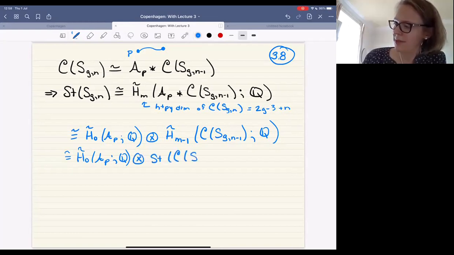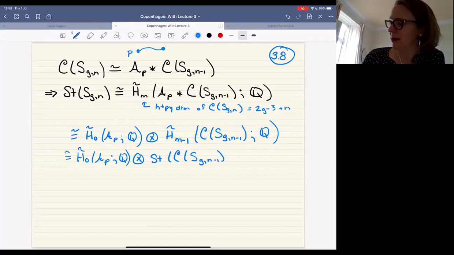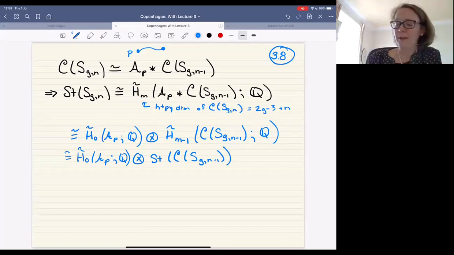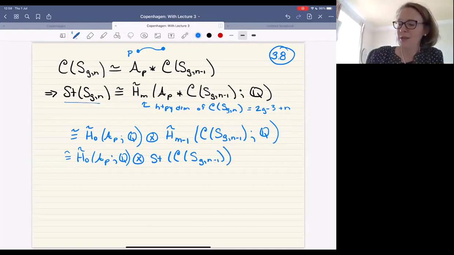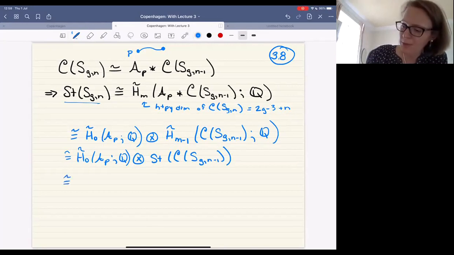So really, I'm just convincing you of what I claimed already, that if I really want to understand this, I need to understand the relationship between the Steinberg module with n punctures and the Steinberg module with n minus 1 punctures. And this is what it is.